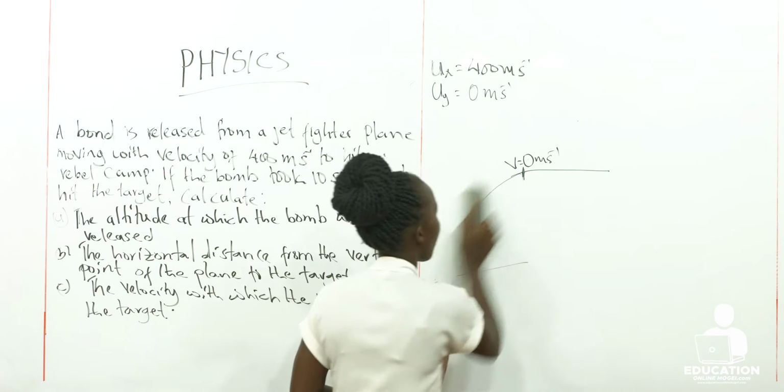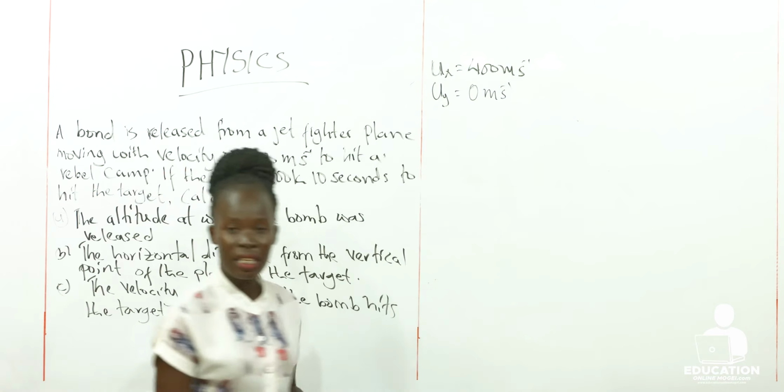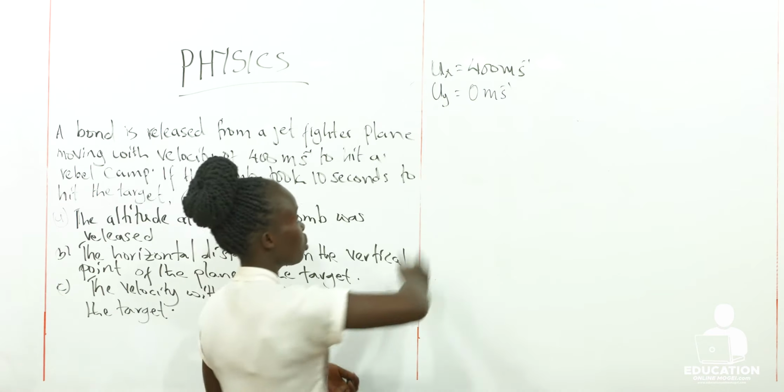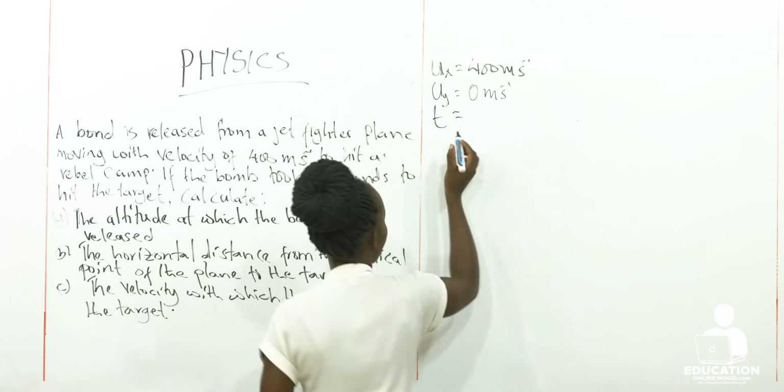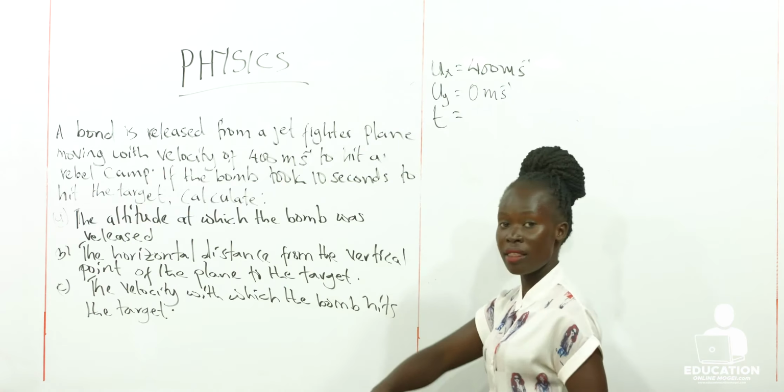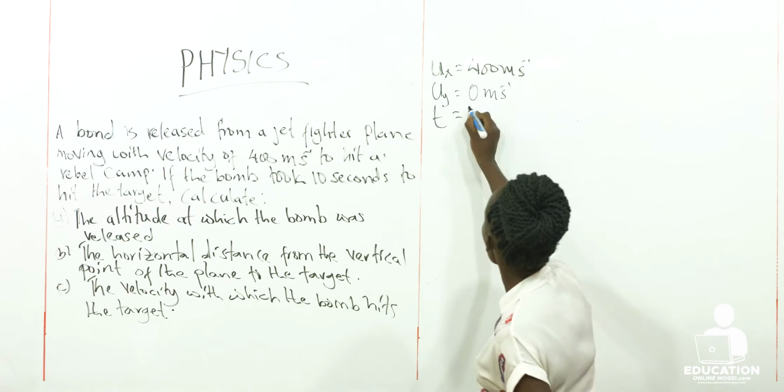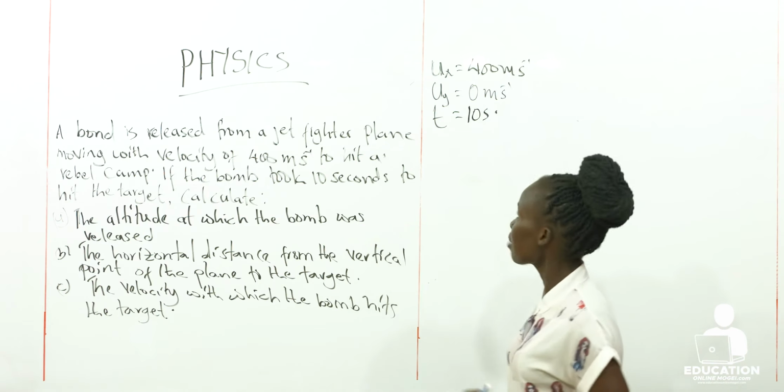So now what do we have again? We have the timing, which is t. That is the time for the bomb to hit the camp. We have it as 10 seconds.